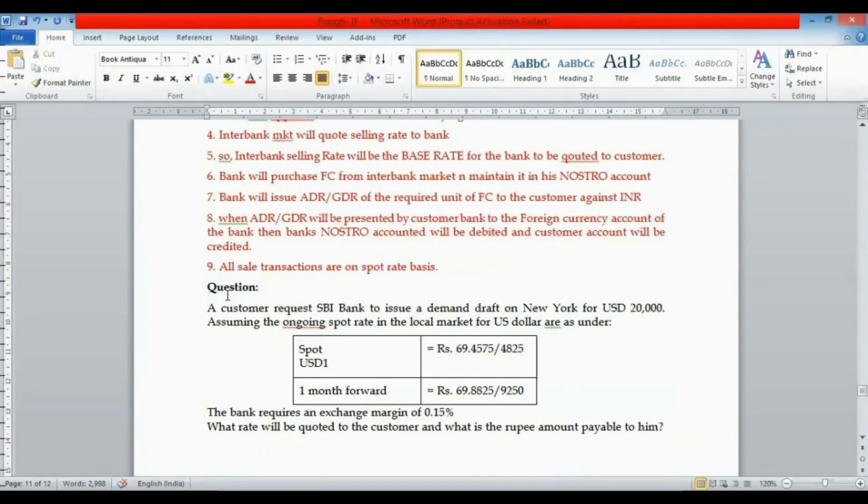This is the spot rate which has been provided, and 1 month forward rate is also provided. This is only the information. That means quite possible 1 month forward rate may be considered or may not be considered.